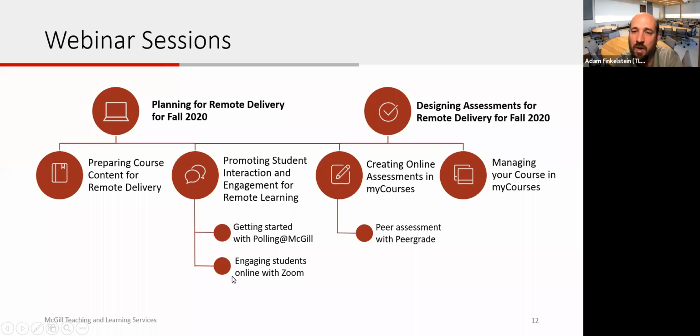For example, under promoting student interaction and engagement, we have two sub-webinars that are follow-ups, on getting started with polling. If you're not using polling and you really want to get into polling with your students, we have a tool. We've always had this tool. It still works in a remote scenario, and you can use it. The second one is engaging your students online with Zoom and really leveling up your Zoom skills. The others are there as well.